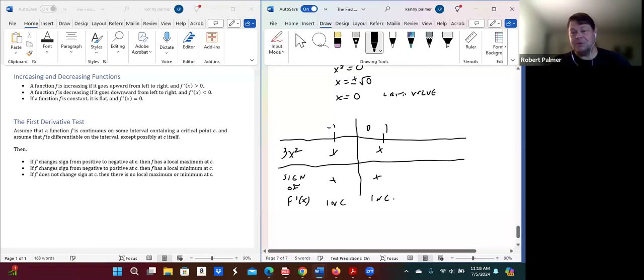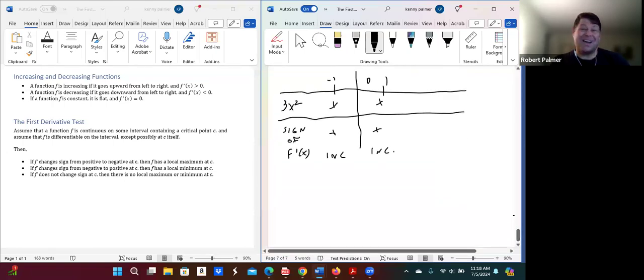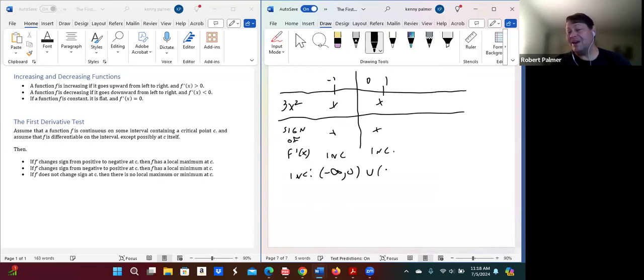So essentially it's increasing everywhere, actually except right here at 0. So it's increasing from negative infinity to 0, and then also 0 to infinity, but not actually at 0, because the derivative is equal to 0 at 0. But here, if you notice, it's not changing sign.